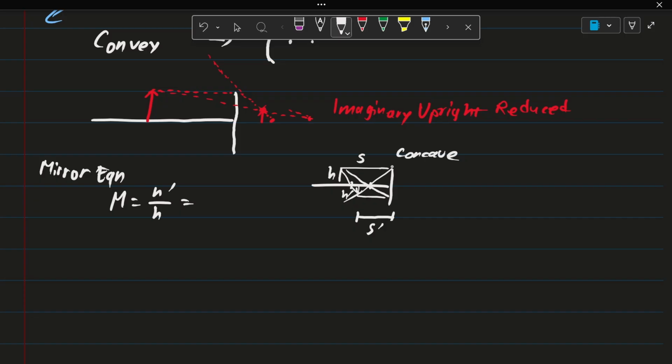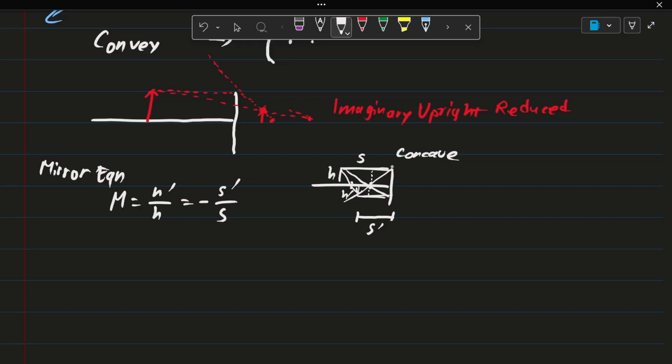What we see here is that this height and this height are being compared, which means that this distance and this distance should also be compared. So it's S prime over S. But you need to remember that this is the negative of S prime over S, because we are dealing with an object that has an inverted image.